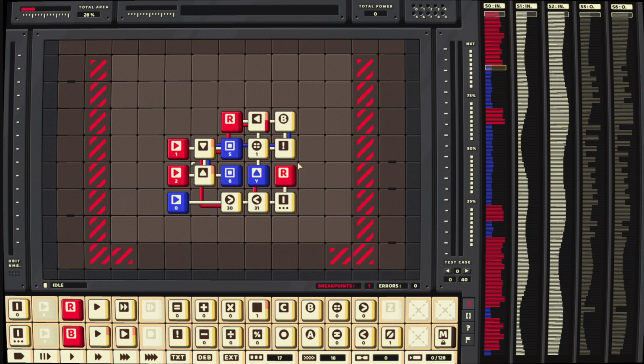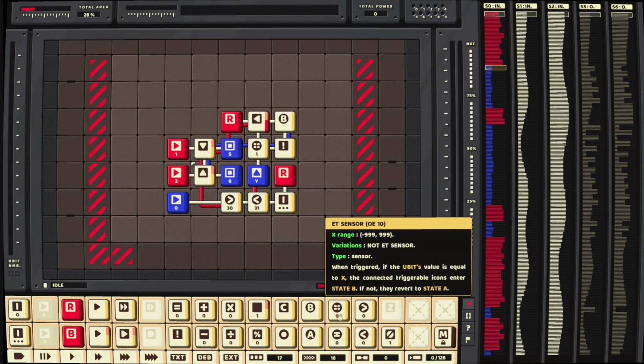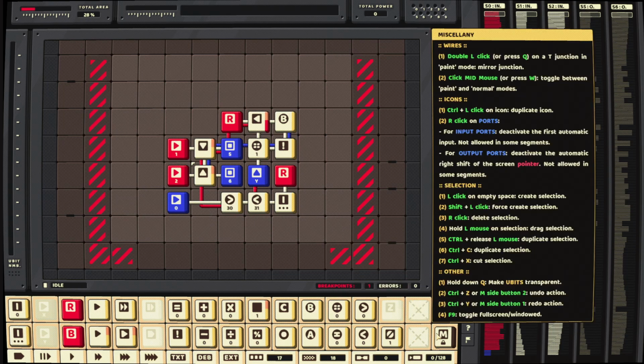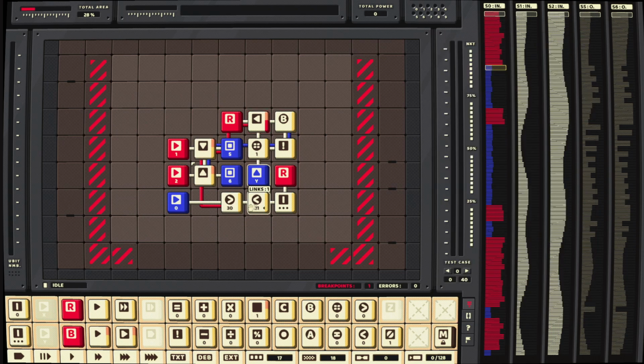This is OE12, so it's going to come after this. So... And I can't swap the positions of these two.